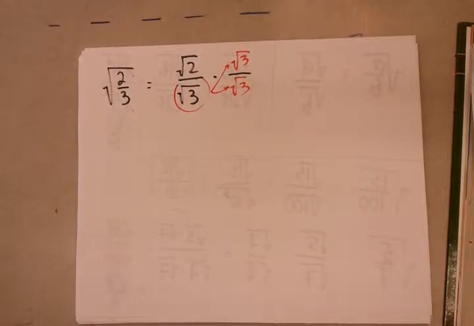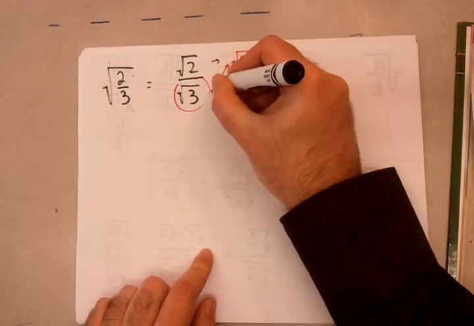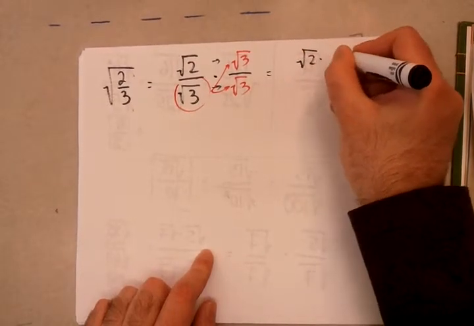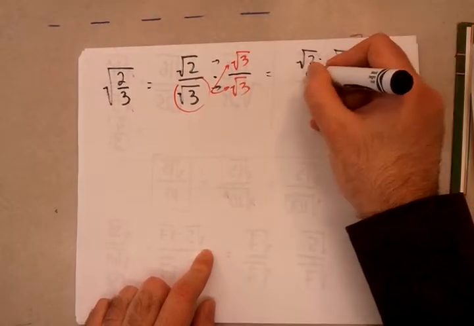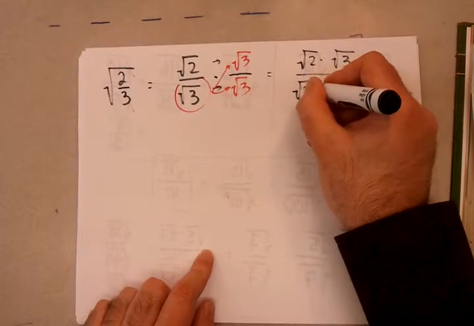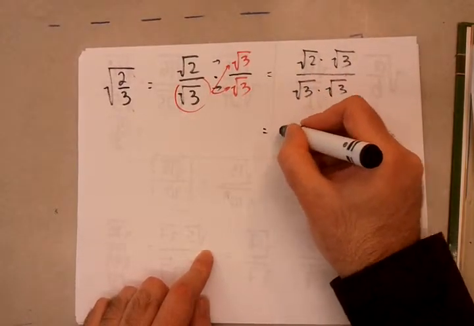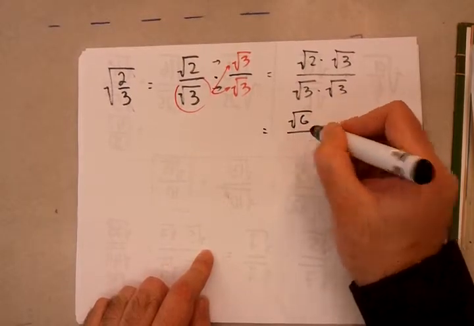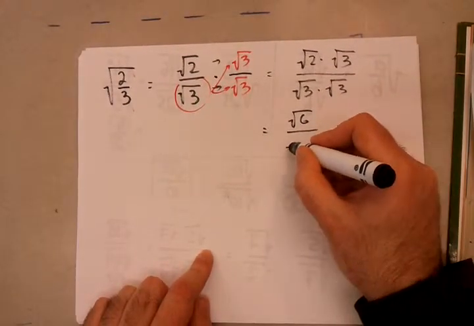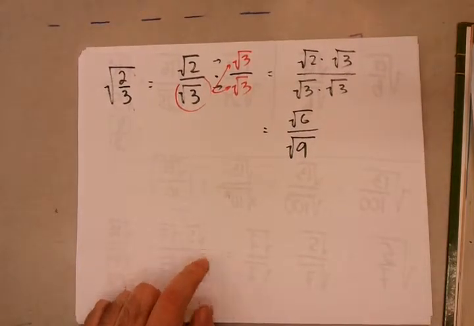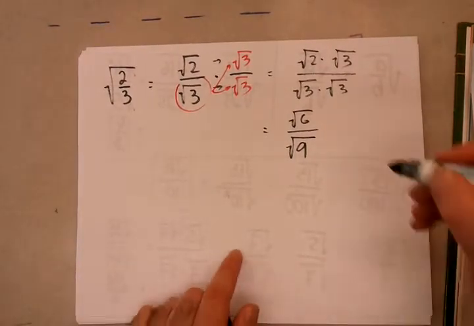But again, what it allows me to do is when I cross multiply, I can get root 2 times root 3. That's not very interesting, but down here I get root 3 times root 3, which gives me a root 6 on the top. Can't do anything there, but on the bottom I get essentially root 9, which is a perfect square.